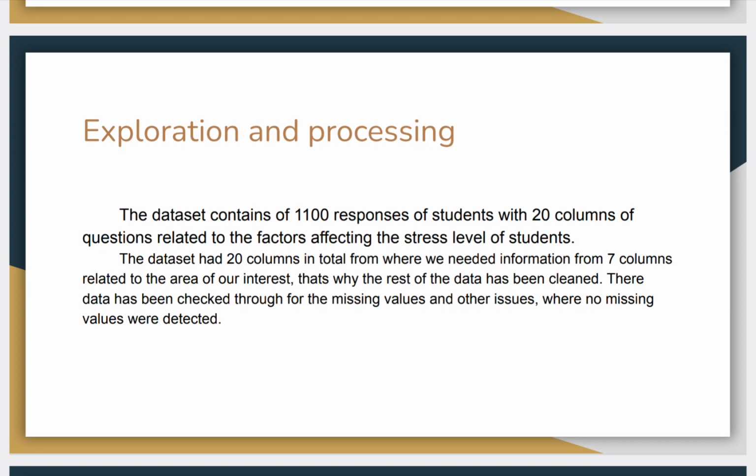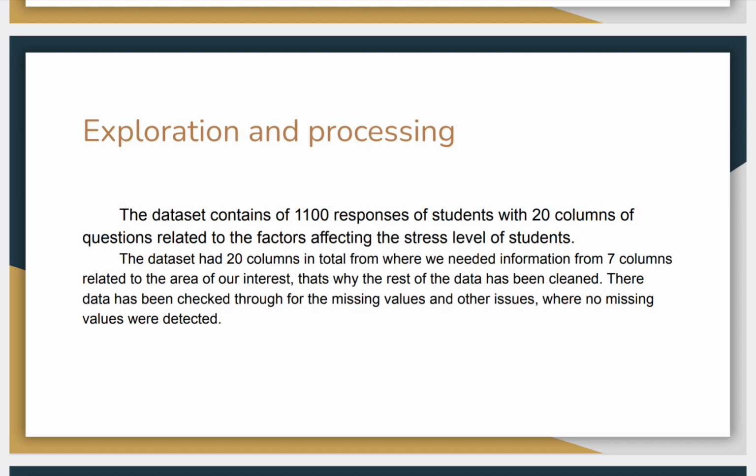First of all, I took the data from the Kaggle platform. It is real-world data, and the dataset contains 1,100 responses of students with 20 columns of questions related to the factors affecting the stress level of students. From the 20 columns in total, the information we were interested in was in 7 columns.